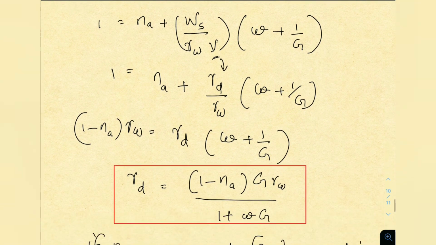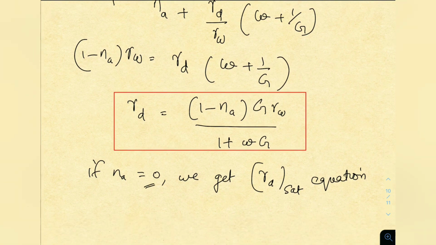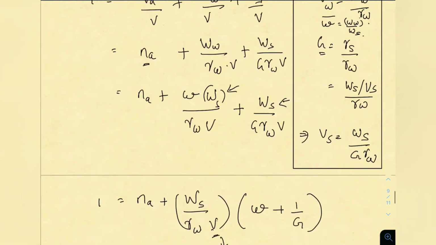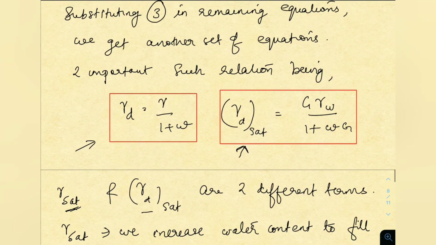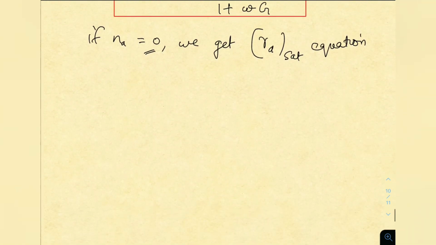So if we rearrange that, you will get gamma d is equal to (1 minus na) G gamma W by (1 plus wG). If na is equal to 0, that is percentage air void is equal to 0, or Va by V is equal to 0, then we get gamma d saturated. That is this one, same one, G gamma W by (1 plus wG). Okay, so that is it.